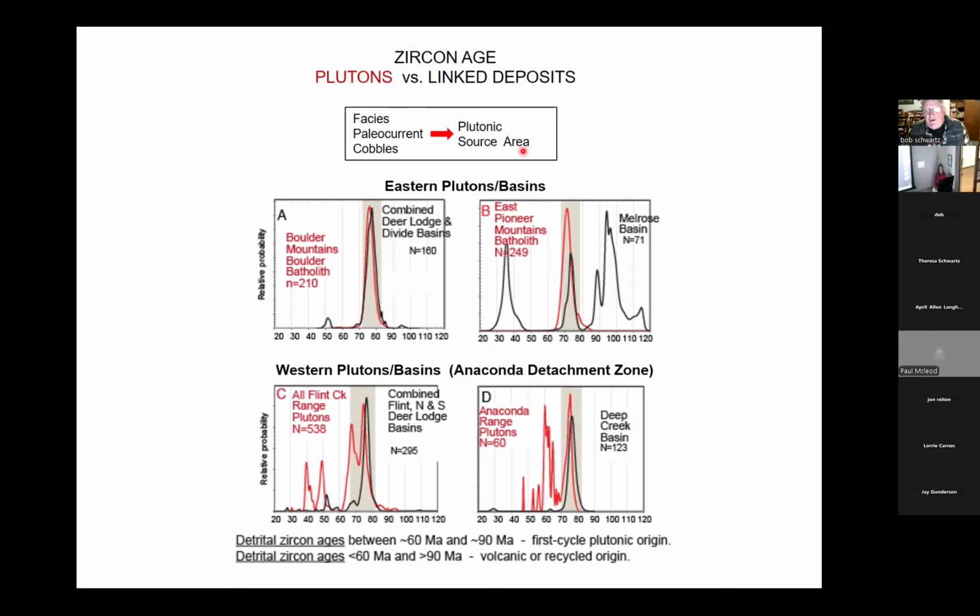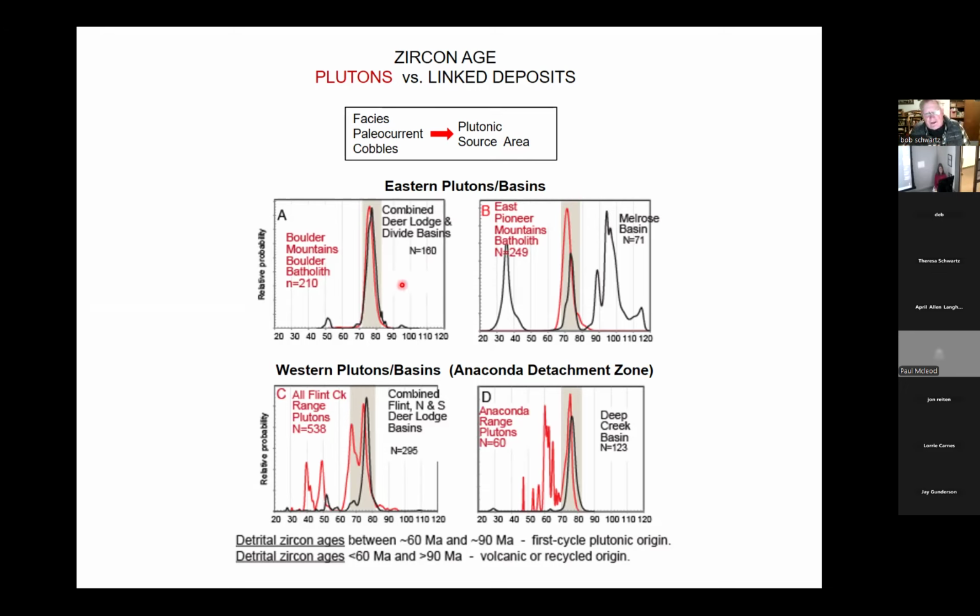Now, if you can group your detrital zircon data so that you establish deposits which are linked with those particular source rocks, we can compare the zircon ages in both. And I hope I was clear on that. It's possible to link these deposits so we know they also came from these sources.